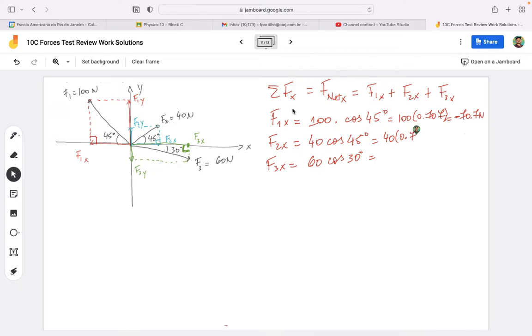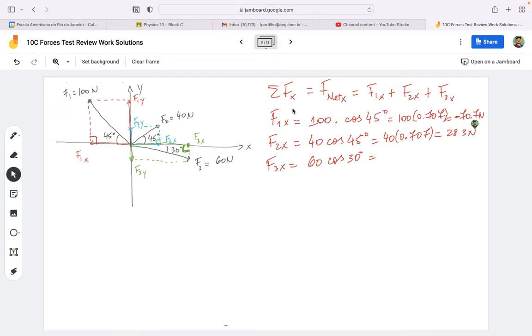So that's going to be 40 times 0.707. That should give us, let's proceed with the calculation here. Let's get a calculator and do it. So 40 times 0.707 should give us 28.28. So let's round it to 1 decimal place.